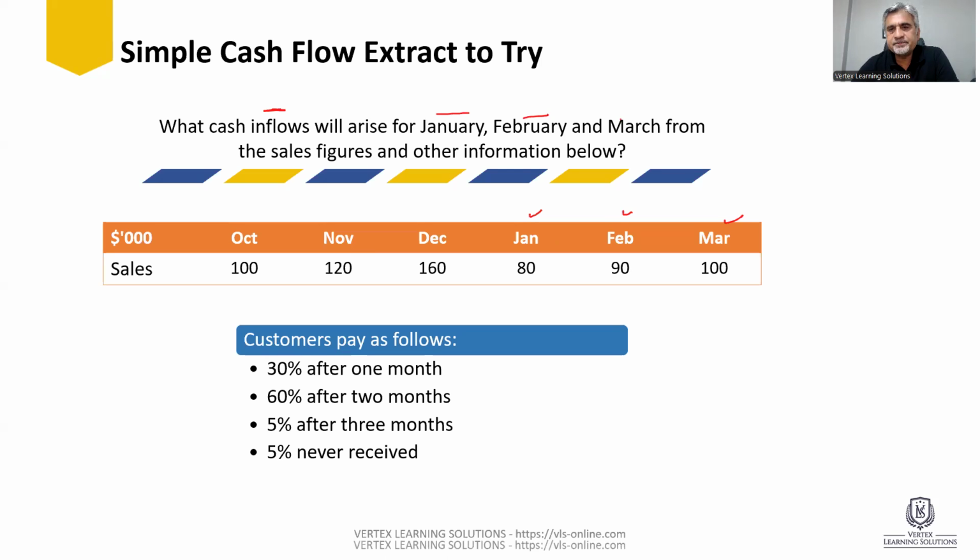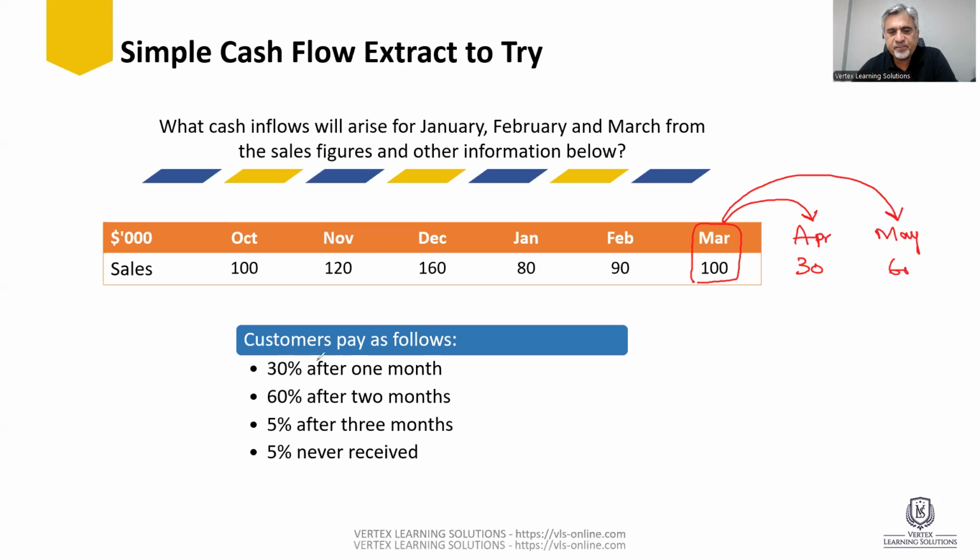Let's suppose this last month is 100. 30% after 1 month, so 30% will come here, which is 30, in the month of April. 60% after 2 months will come here, which is May, and that is 60.